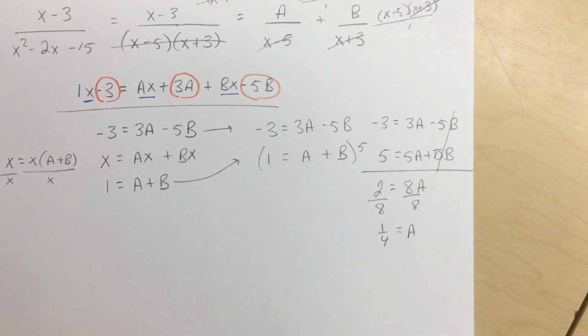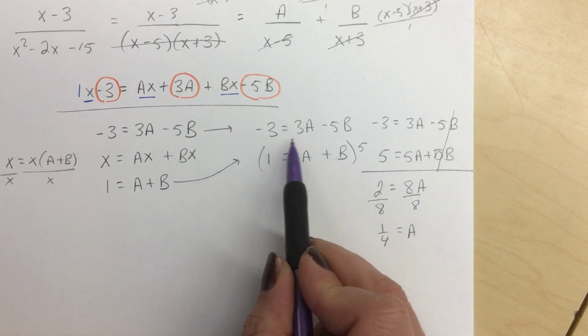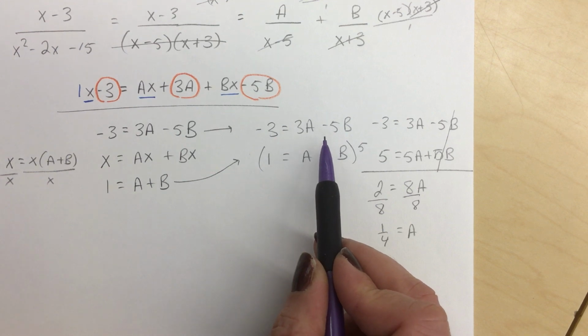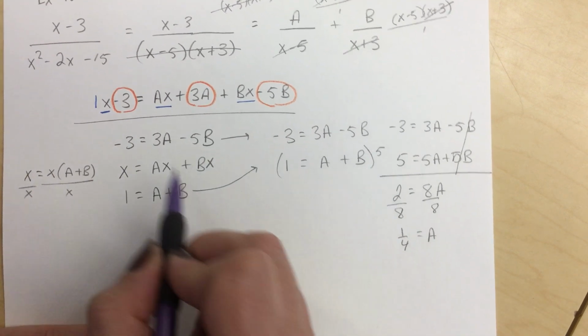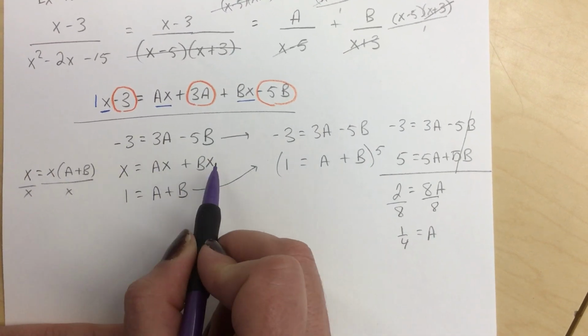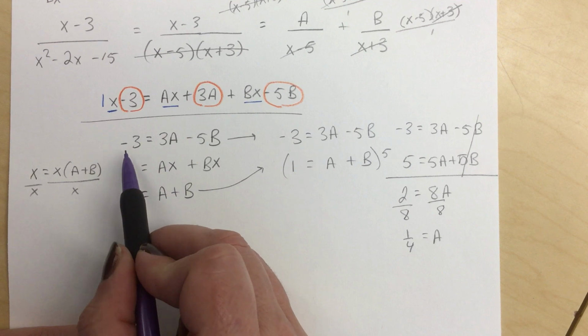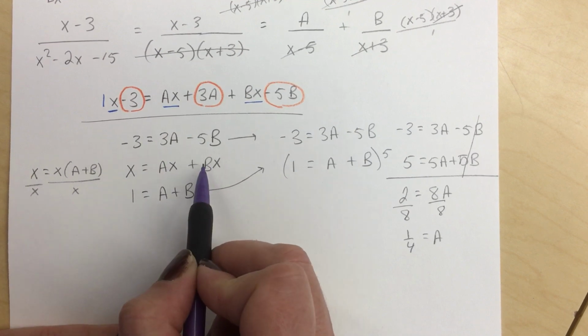I'm not lost. I only have my one equation. So do you have -3 equals 3a minus 5b somewhere? I have -3 equals ax plus bx. Oh, you've got it mixed up then. If you have -3 equals ax plus bx, you're mixing your constant with your letters.